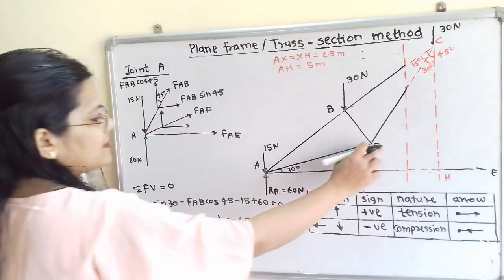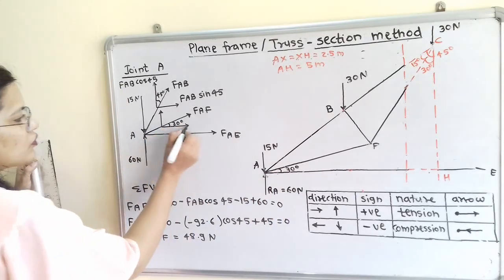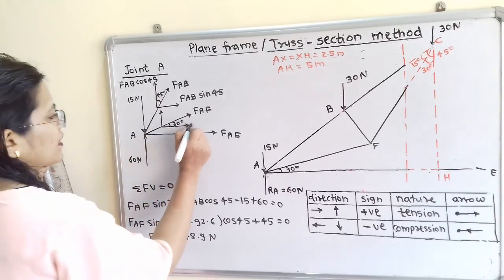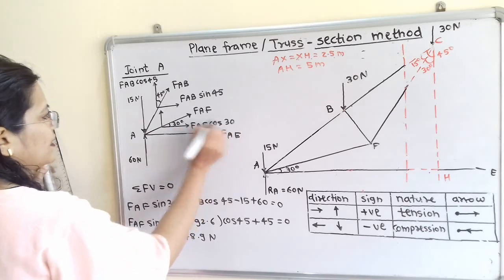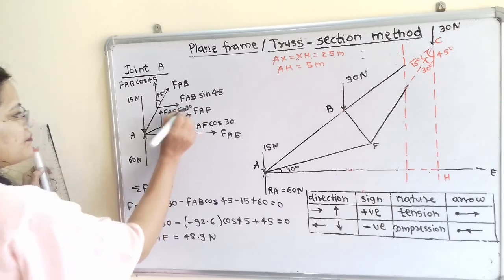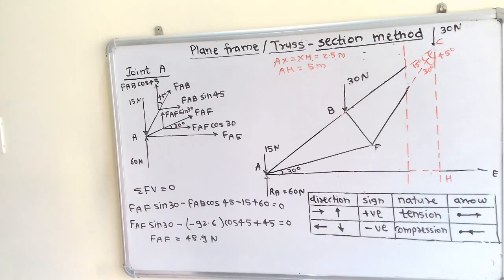So this AF is making angle of 30 degree with horizontal. So with this horizontal component it is making angle 30 degree. So I will say that FAF cos 30, and here FAF sin 30. Now we have to find out the value of FAF.